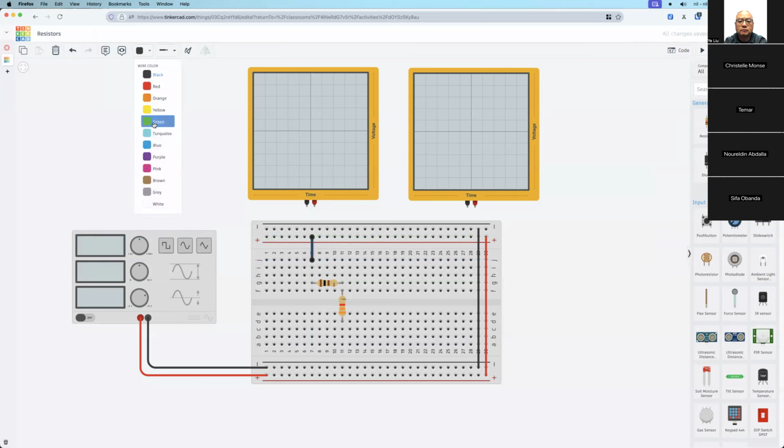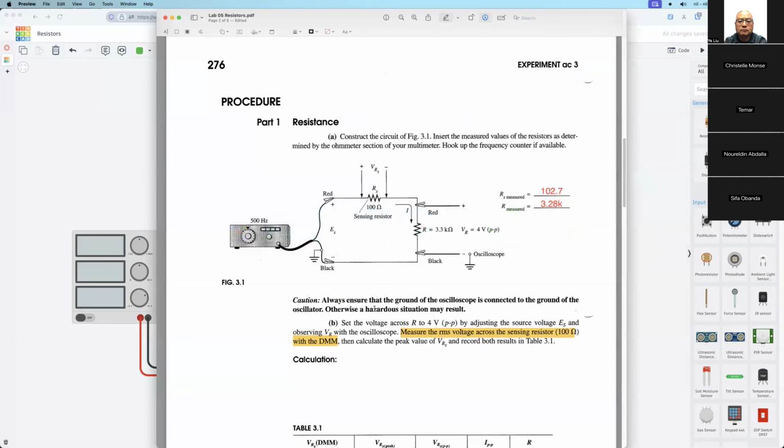Then here connect to the ground, right? So actually this is the circuit, and it will be simple. The positive from the source connects to the 100 ohm resistor.